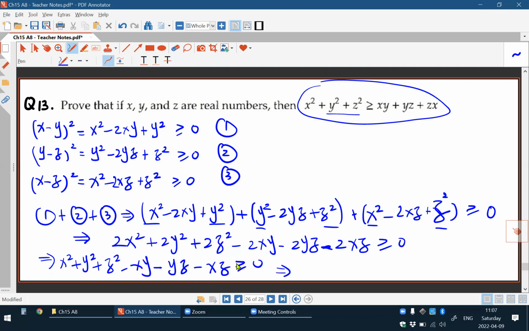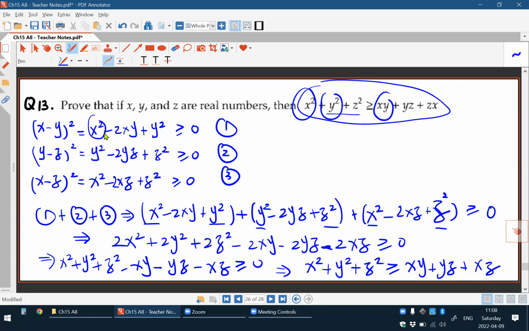And we can move these 3 terms to the right. Therefore, x squared plus y squared plus z squared is always greater than or equal to xy plus yz plus xz, right? So basically the key is to think about what this actually tells you. When you see x squared and y squared and xz, you should try using this, right? Because it has x squared, y squared, and xy here.